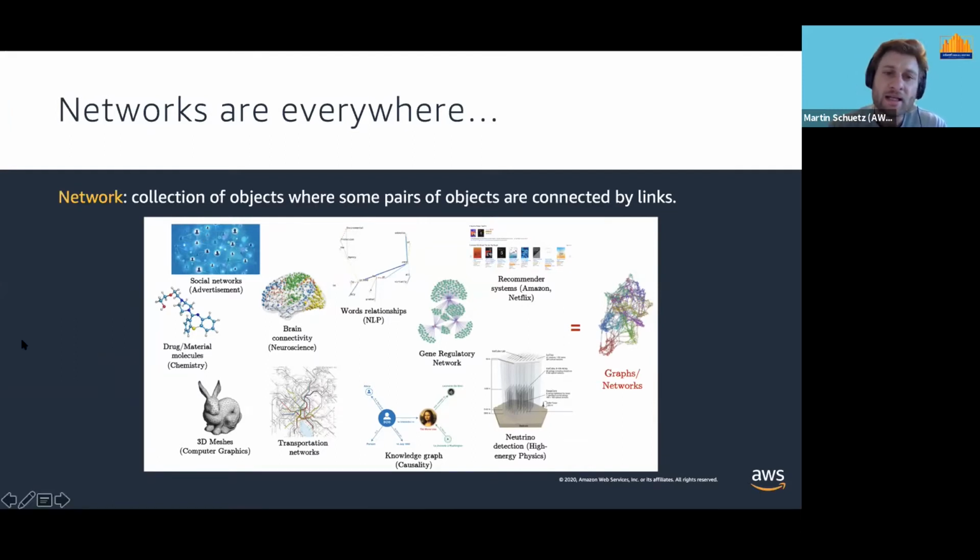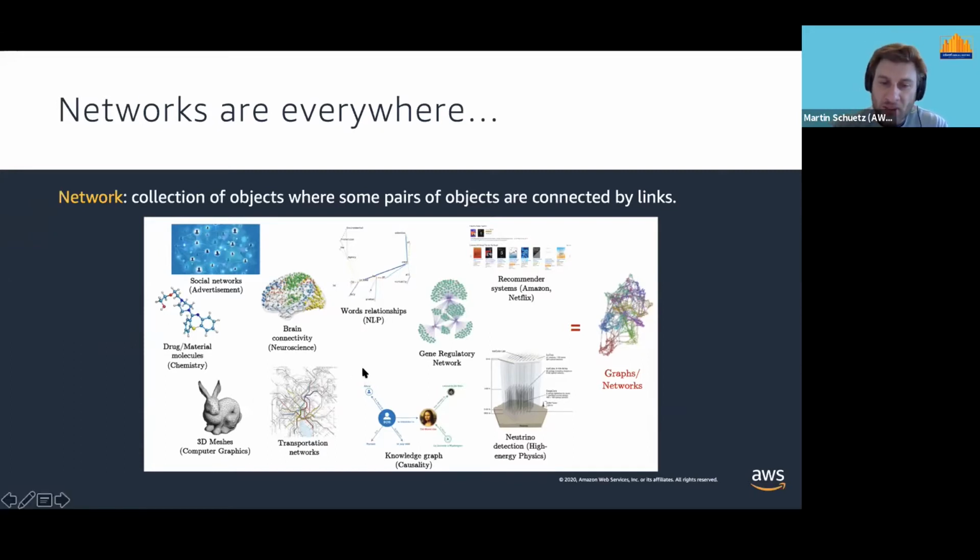Then again, in a completely different domain, at a completely different length scale, you can use graphs to model molecules. For example, in drug discovery, the nodes of your graph correspond to atoms and the edges correspond to chemical bonds between these atoms.